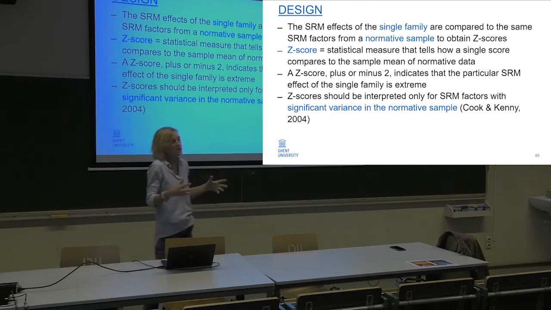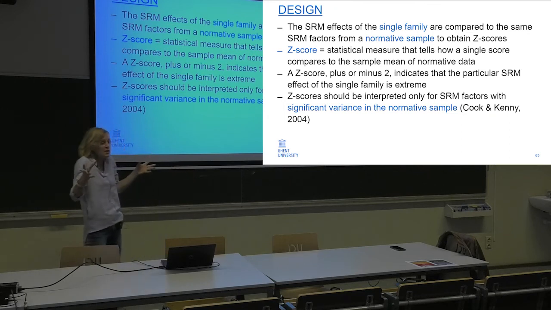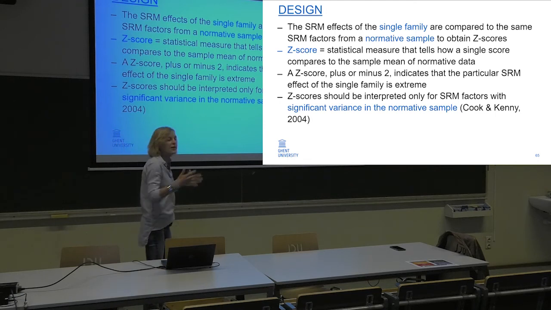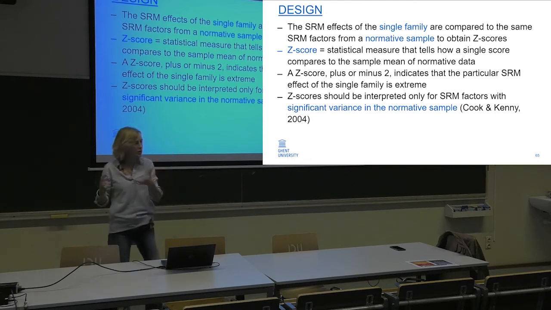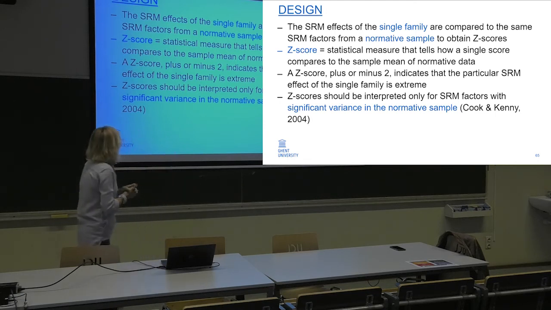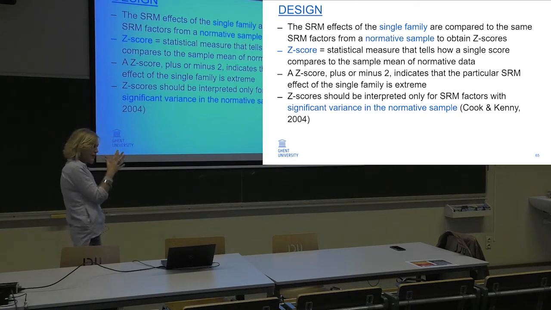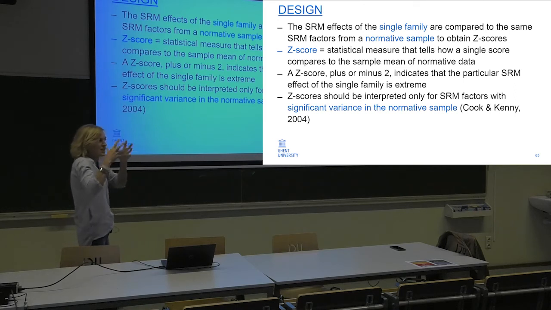And that is something in this family that is significantly different from how the average family of your normative group is. So it's kind of nice, because if you have a family with specific dynamics, then you can ask it in a systematic way.